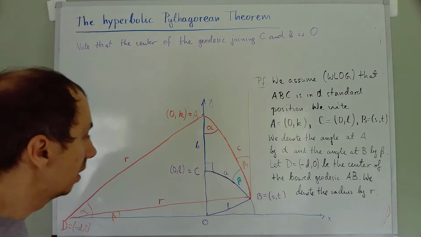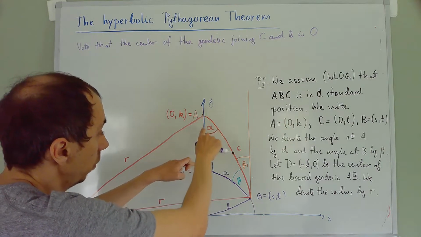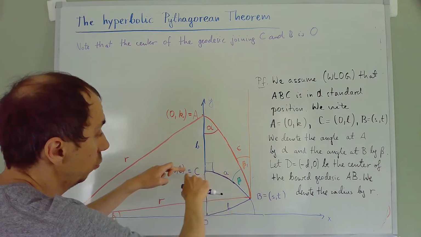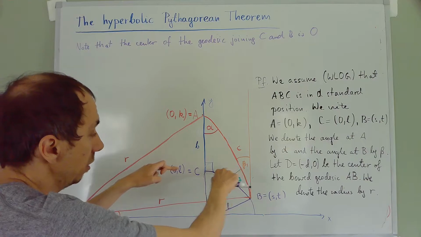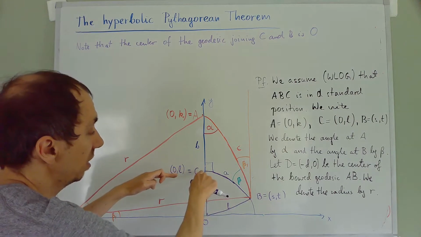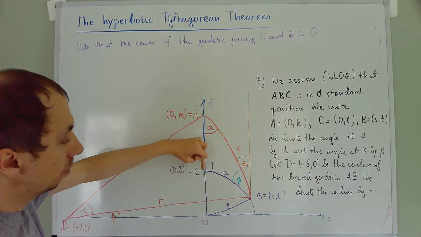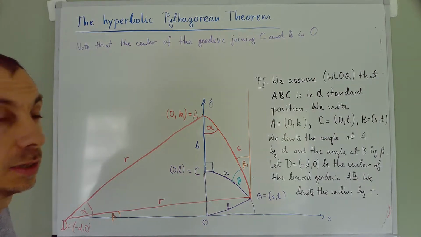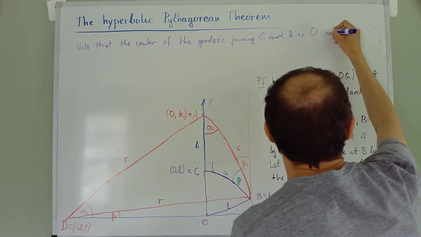Why is that? That's because this angle here is right. That means the angle formed by the y-axis and the tangent line to this circle going through C and B is 90 degrees, which means the tangent line to the circle must be horizontal. In other words, this is the top of that circle that connects B and C. So that means the center of the circle must be the origin here. And its radius is L.